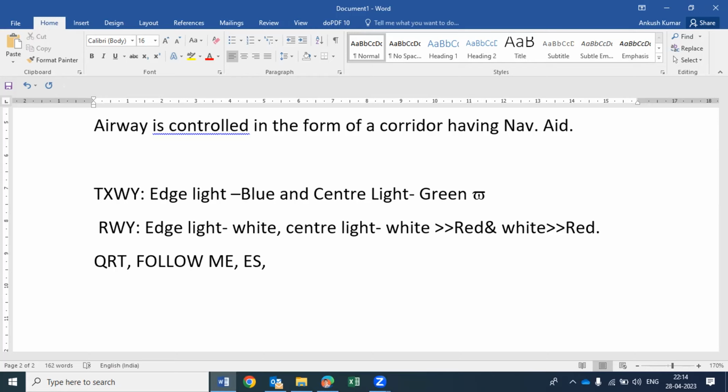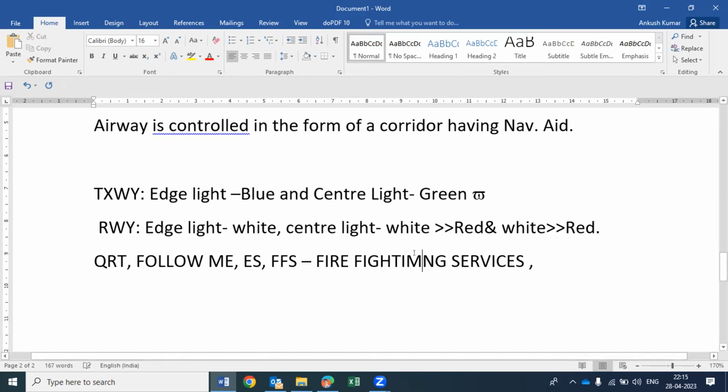Emergency services, ES, ठीक है? और FFS, firefighting services. You are going to use it on your regular calls. जब आपका ब्रेक शॉट होगा एयरक्राफ्ट का, you are going to make a pan call, means emergency situation. इंजन में फायर हो गया, you are going to call firefighting services.